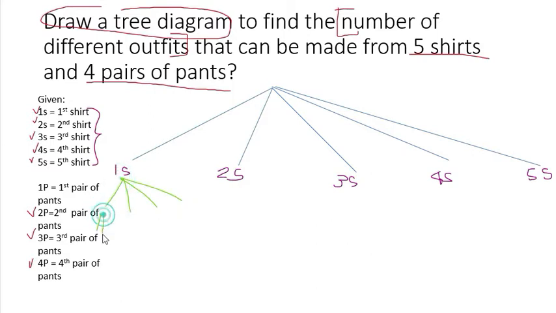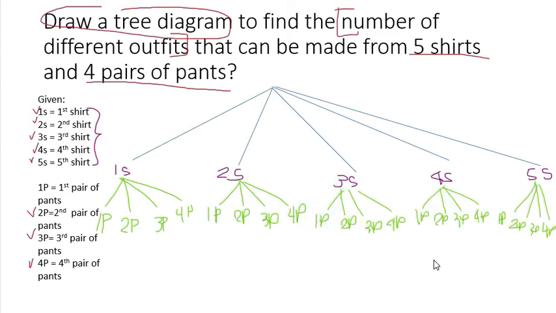So 1P, 2P, 3P, and then 4P. Then this one also will have 1P, 2P, 3P, and then 4P. Same thing here. For you to be able to find the outfits that you could create, you need to make the listing.